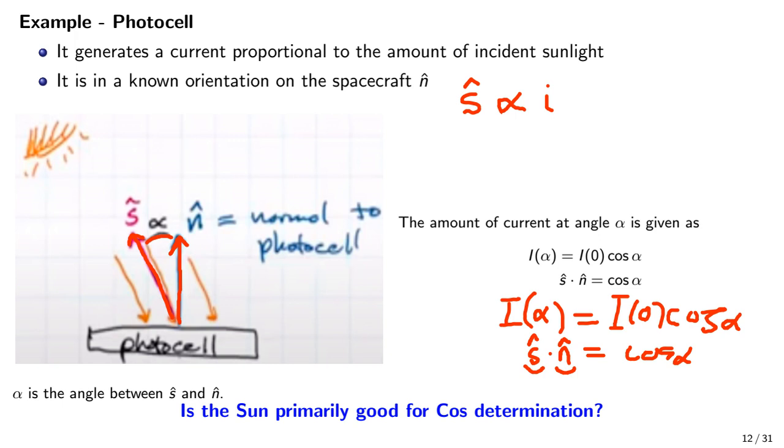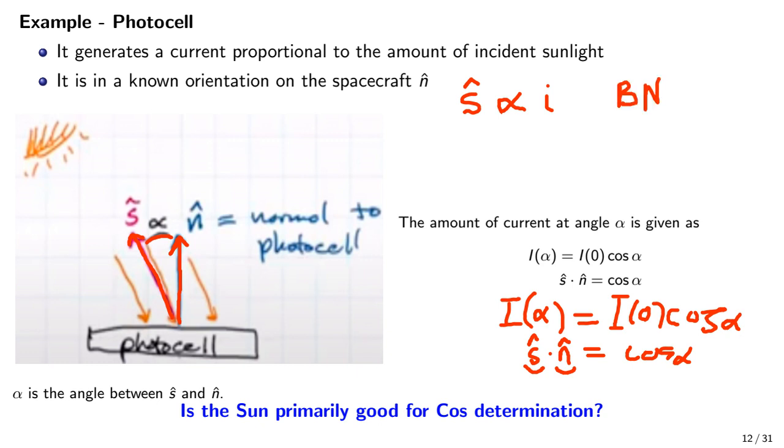And the question is this. I want everyone, or if you know, you can tell me, is it good to use the sun to determine your BN, which is this matrix? Is it going to give you good accuracy?